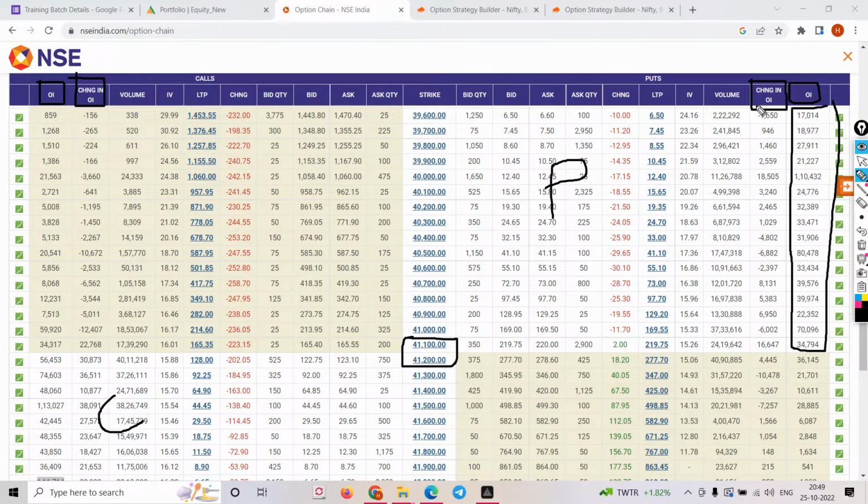This is today's open interest change. This is outstanding so far, meaning how many contracts are open for the 27th expiry. And this is the change in open interest. This box is for today. What was the change?